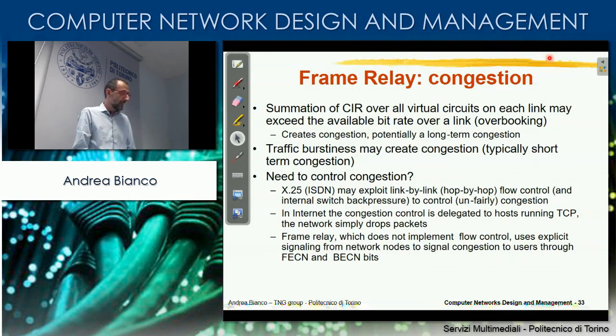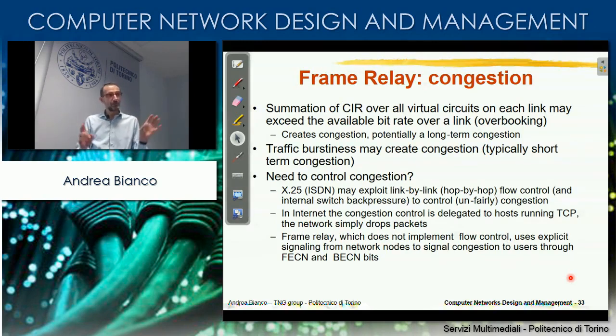So we need to control congestion, and I will give you this example, which is written here, next time, which is going to be Thursday, about why it's also so important, because remember, in a frame relay network, we have no flow control. Now, flow control and congestion control are completely different things.